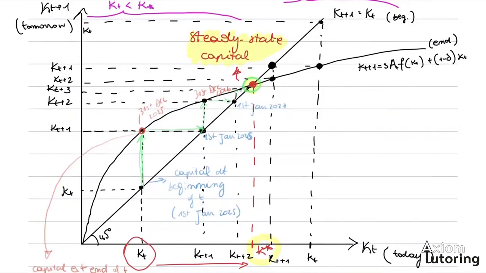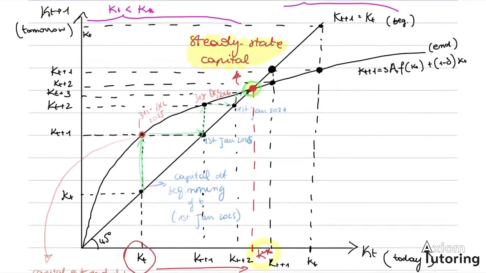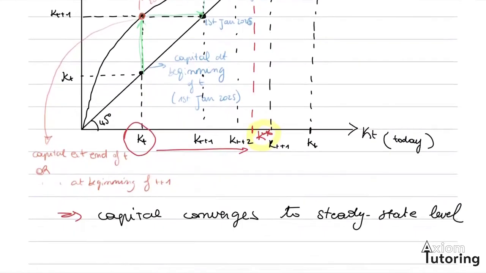So it doesn't really matter whether we start from a level of capital above or below the steady state. Eventually, we are always going to converge to the steady state level of capital. So whether we start from above or below the steady state.